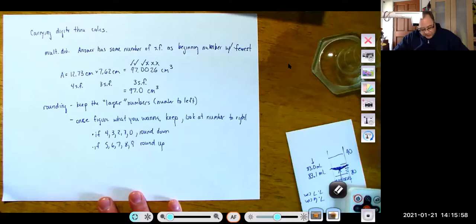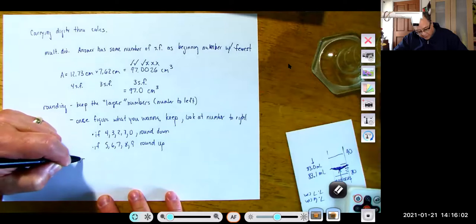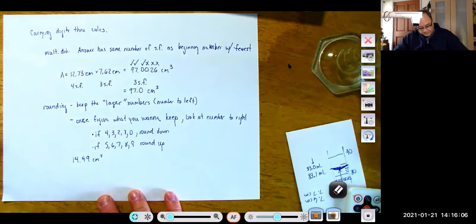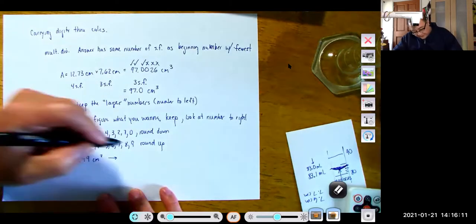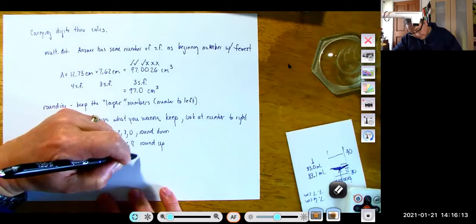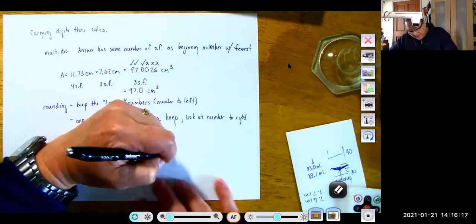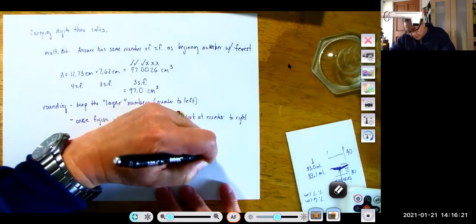Okay, let me show you another rounding thing. Let's say that we get this 14.49 centimeters squared. Should this be, if we need to round to the ones, should it be 15 centimeters squared or 14 centimeters squared?